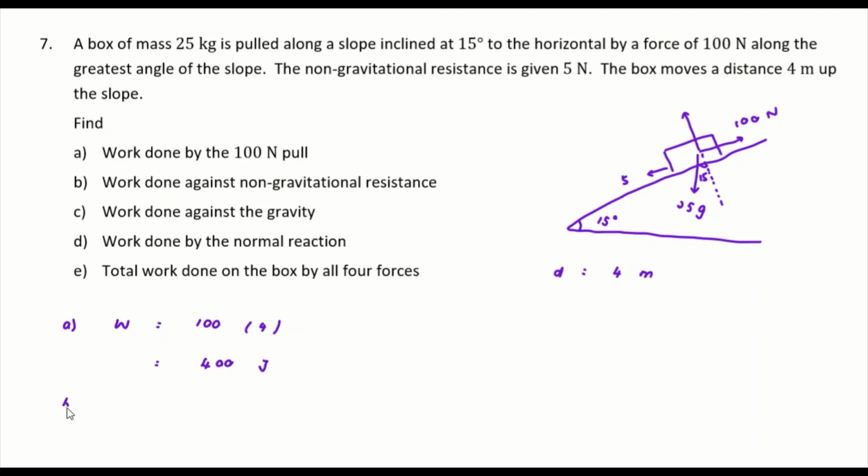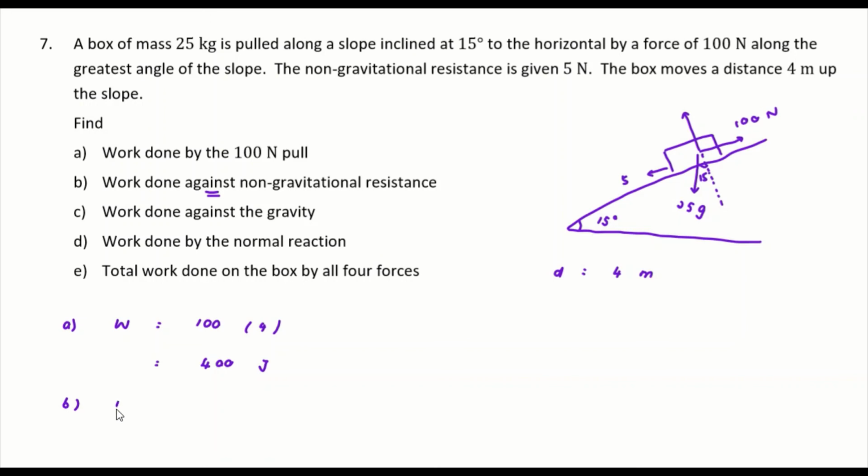Then after that, B, the work done against the non-gravitational resistance. The word against indicates that this work done is opposing the direction of motion. That's right, because the friction here opposes the motion of this box.